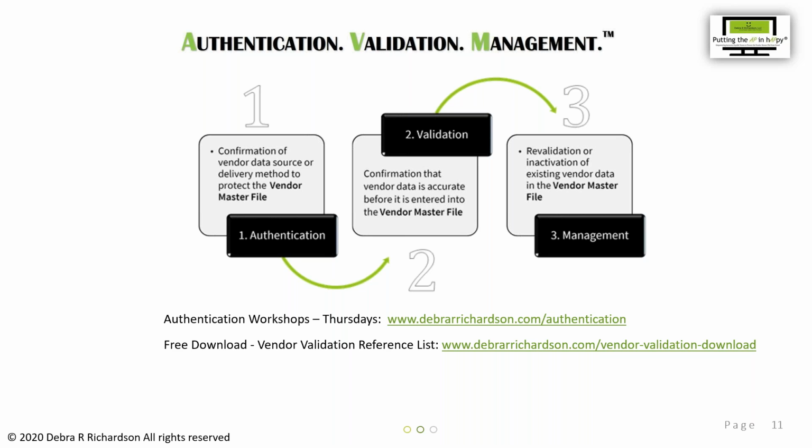But checking for those duplicate vendors and then revalidating active vendor data to make sure there are no changes and making sure they have not been added to a watch list since you originally set them up or modified them last. It also includes internal controls and best practices for managing your vendor master file.